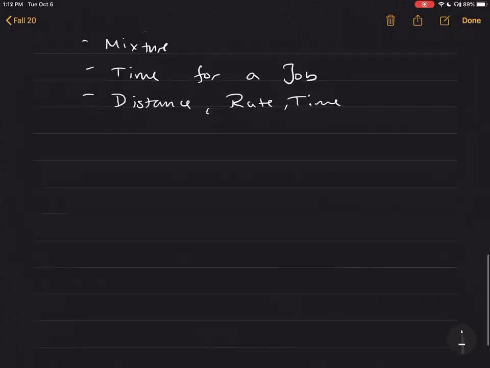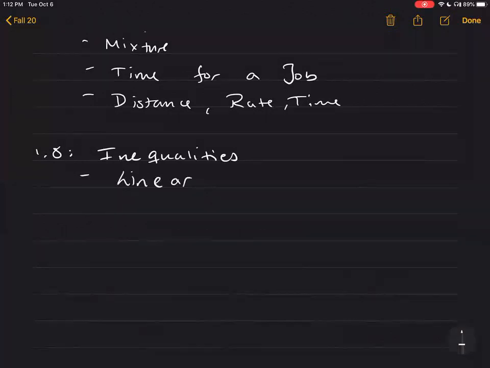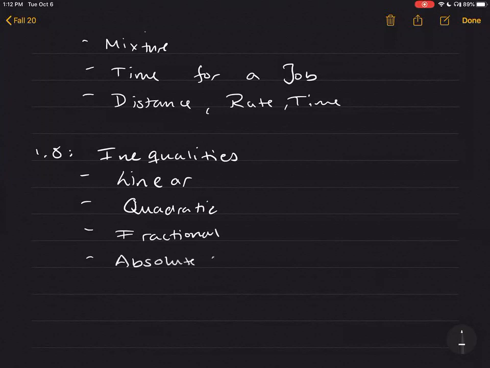And then 1.8, which was covered just very recently, was on inequalities. The main focus for that is regular, standard, basic linear ones, and then quadratic, fractional, so with rational expressions, and absolute value.